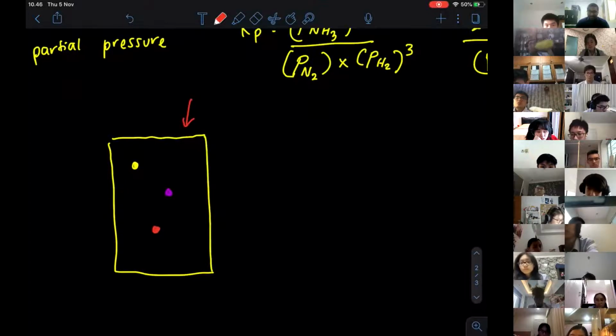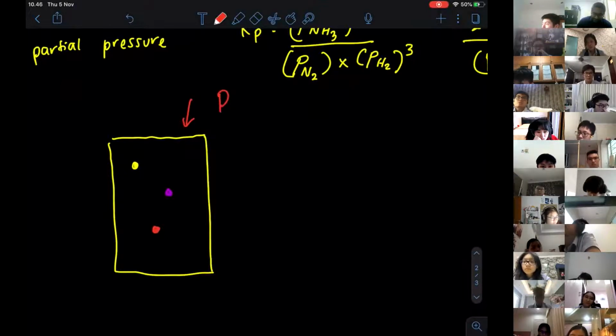Imagine the pressure exerted towards the container is going to be the total pressure. Let's say I call it PT. That's going to be the total pressure.